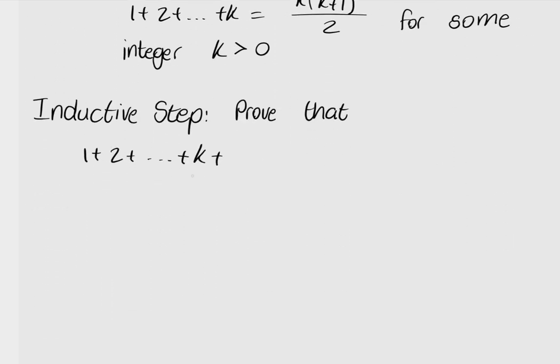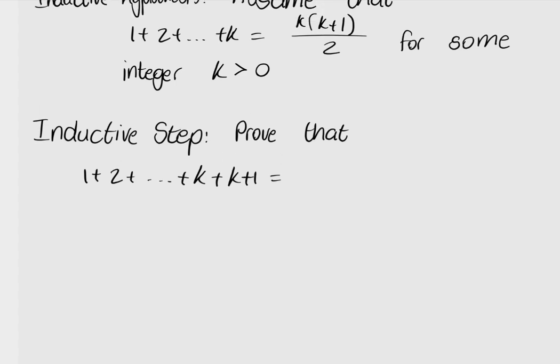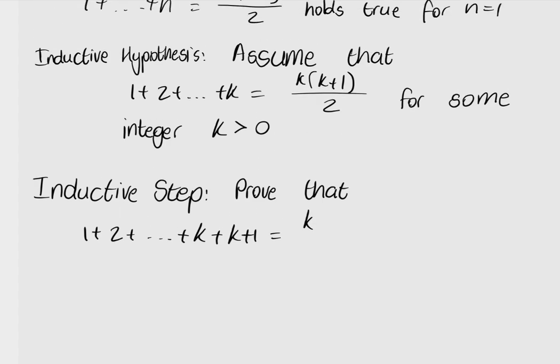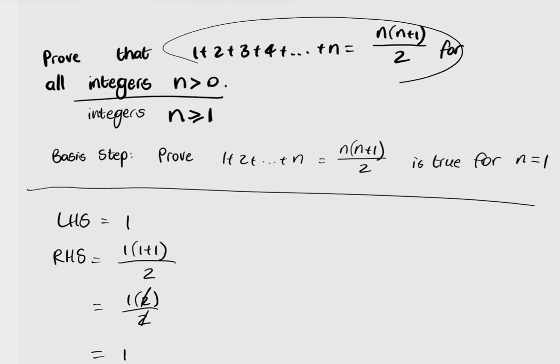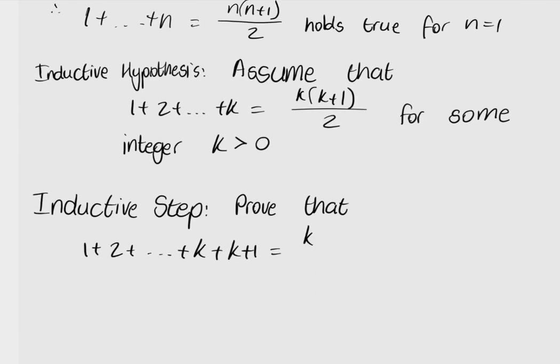So it's everything leading up to k and k plus 1. That would of course include k. By the way, notice this equation is the same as the original one, except the n's are replaced with k's.